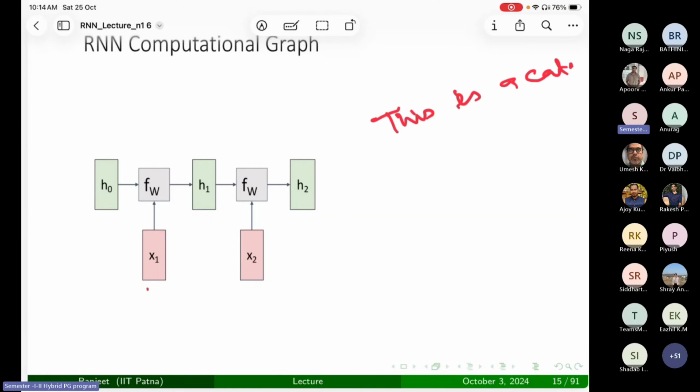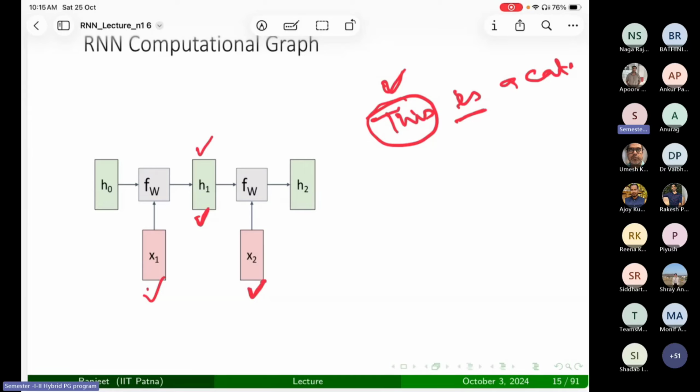So suppose your x1 is this, and you have done it. You got the h1. Now you have to go to the "is". So suppose your "is" is x2. So now you have x2, and you also got this h1 from the previous word.